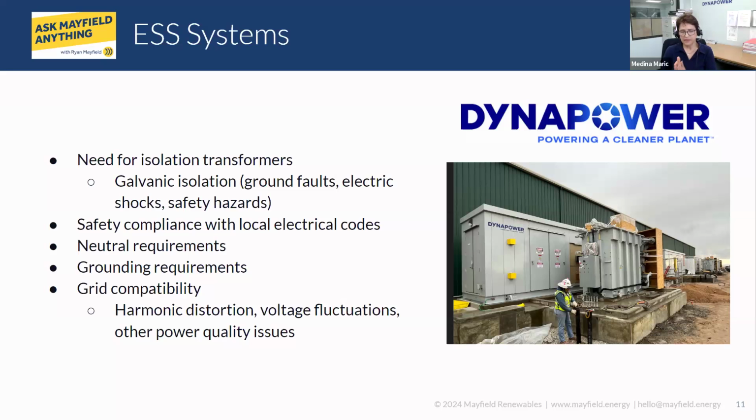There are several reasons for the need for isolation transformers. Primary is galvanic isolation, and Jeff and Nick have touched on that. Basically, autotransformers are just a continuous winding, so there is no isolation. For galvanic isolation, the primary and secondary windings, regardless of how many primaries and secondaries, have to be galvanically separated.